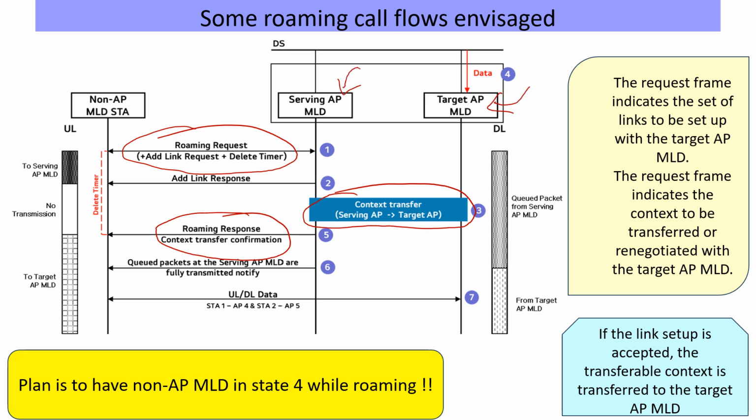Remember that new frames are introduced, but we don't want to repeat a whole lot of frames and processes which have caused these delays. And so we are bringing in new ways by which we can quickly move on from data transfer in the old AP to the new AP. So we'll have to wait and see how many of these options get into practice.